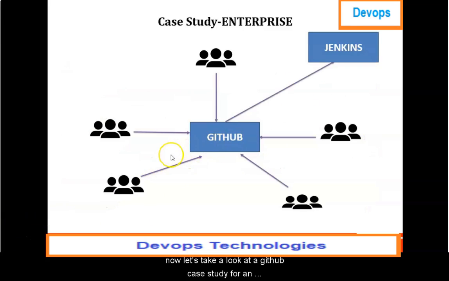Now let's take a look at a GitHub case study for an enterprise. For example, the enterprise is a leading marketing service and publishing company that works across several industries, and they have more than 90 offices worldwide. They have a distributed technical team supporting the development of a range of websites, which get more than tens of millions of unique visitors every month.